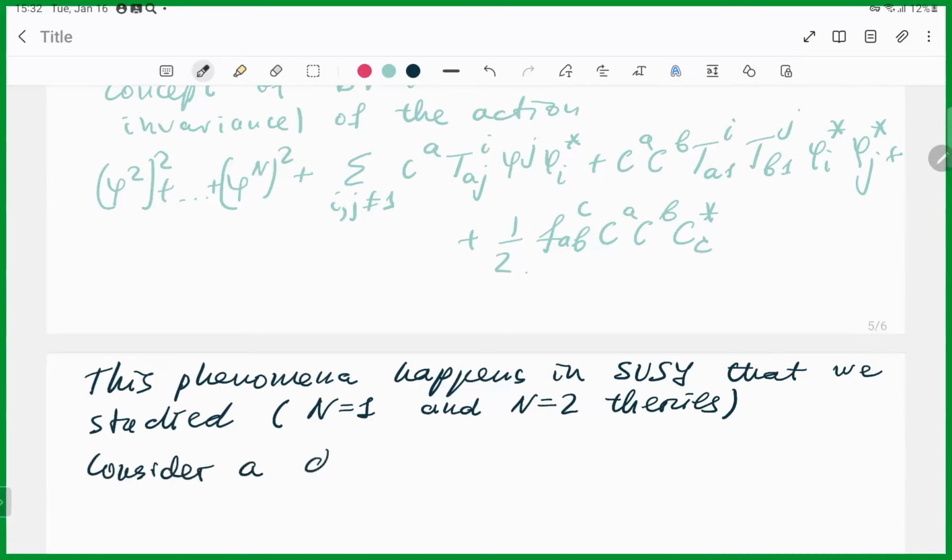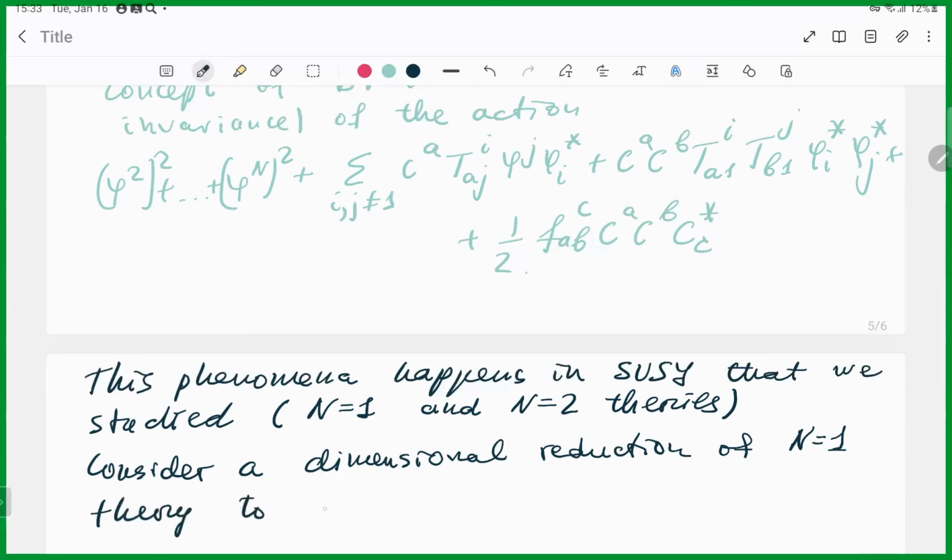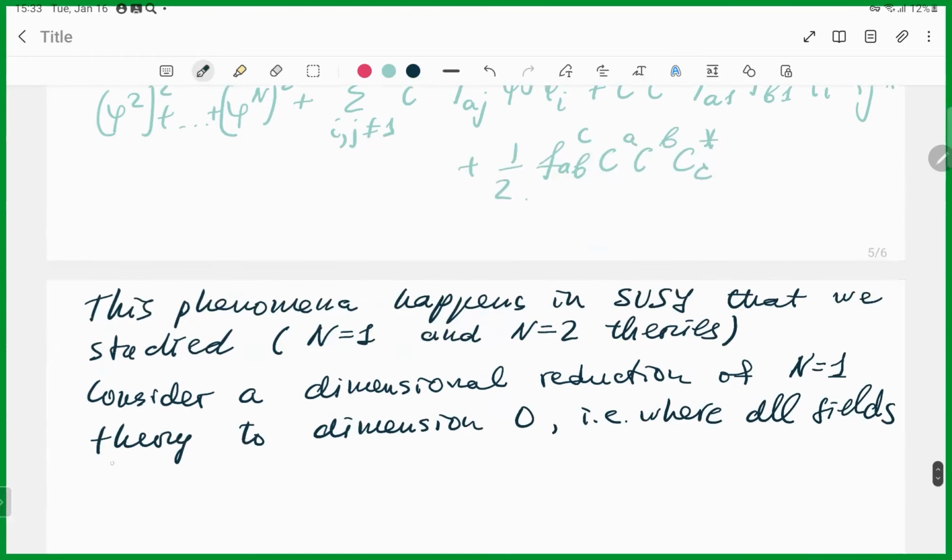Consider a dimensional reduction to dimension 0, where all fields do not depend on time.